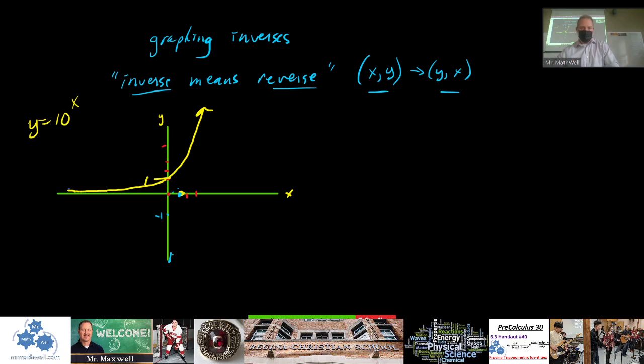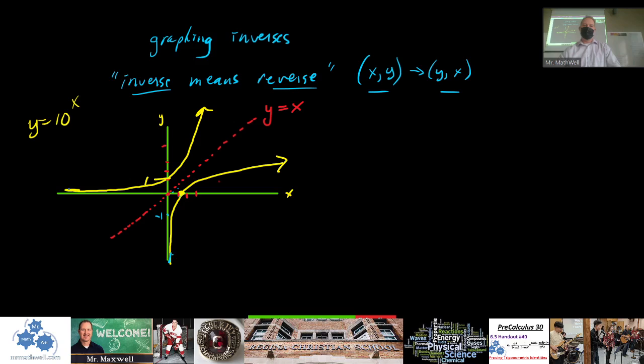If it gets close to the x-axis here, that means this graph would get close to the y-axis down here. And it would look something like this. So 2, 100 would be 10 squared. So these graphs would look something like that. Now, any inverse graphs are reflections about the line y equals x.